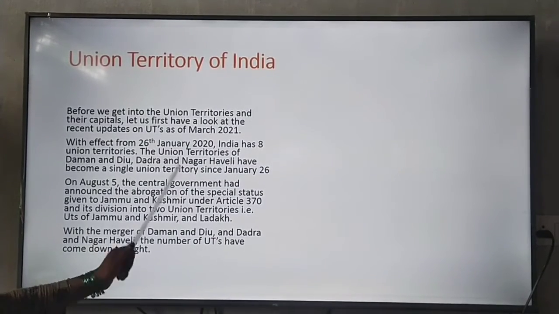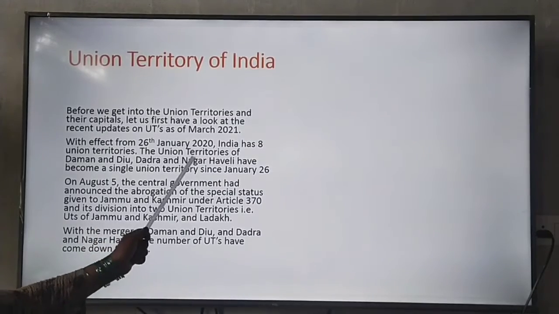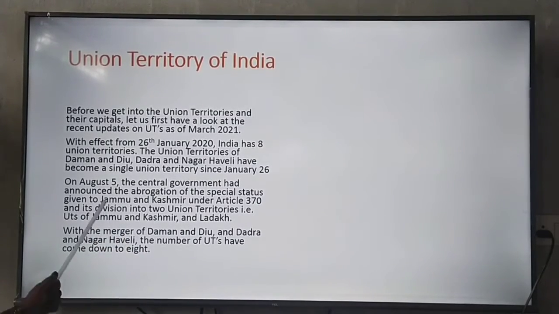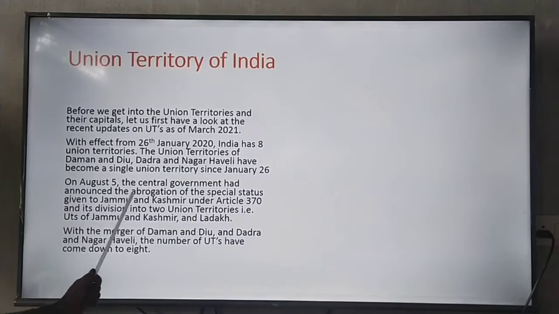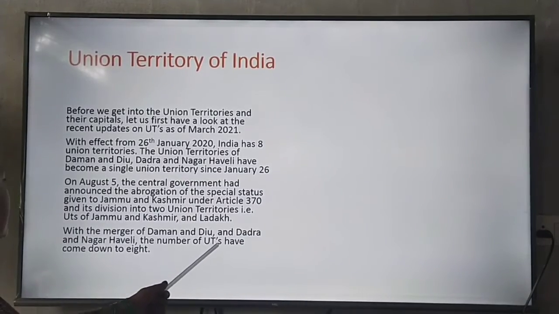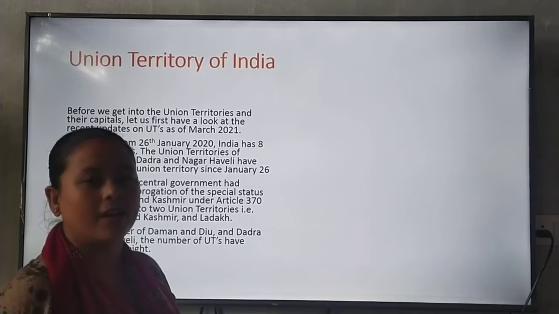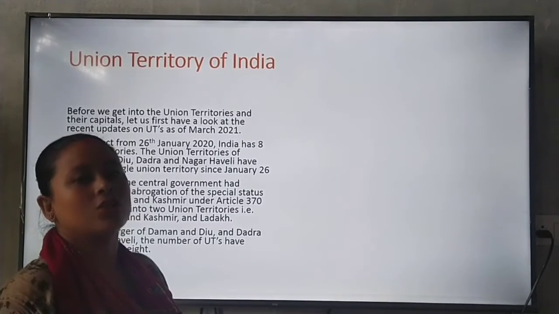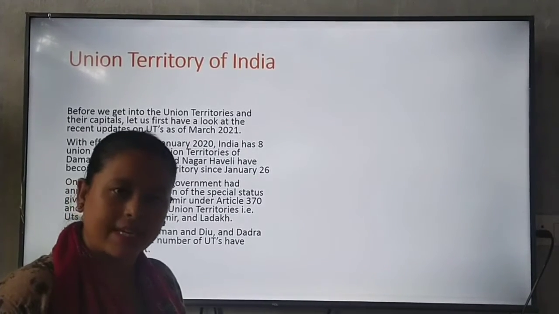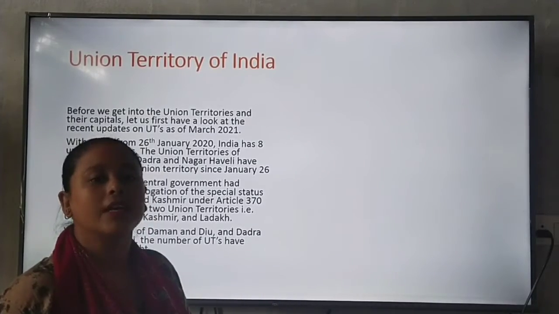Okay, there were 2 union territories but it has become a single union territory, and Jammu and Kashmir and Ladakh have become union territories of India. Before 2020, Jammu and Kashmir was a state of India.